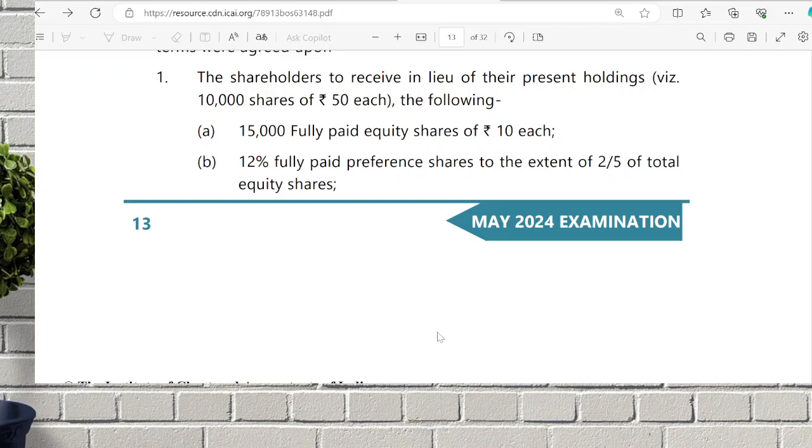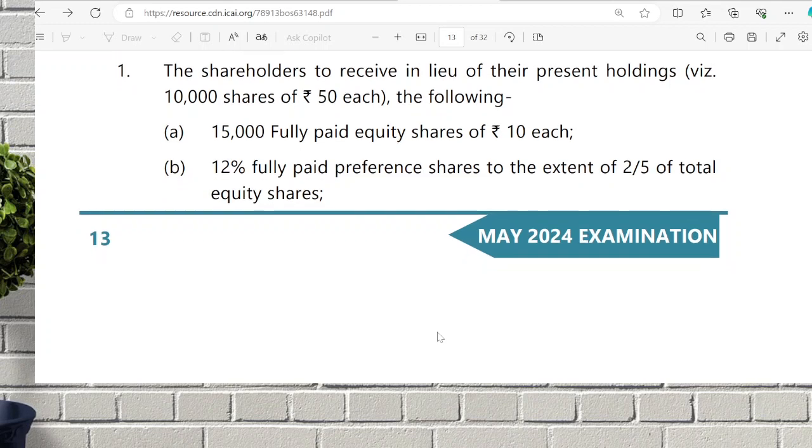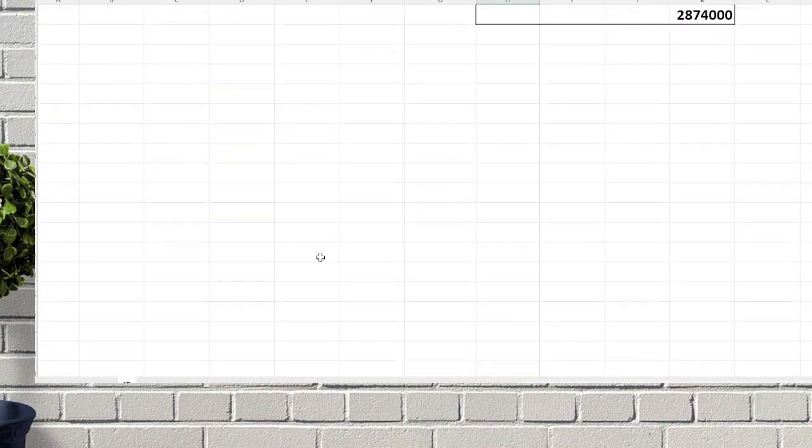Try it. Tell me, what is the first entry you will pass?